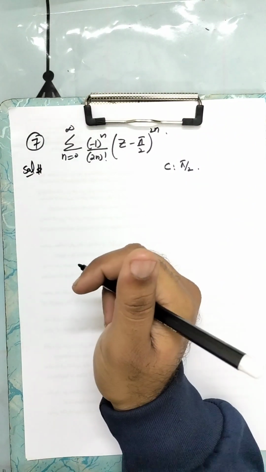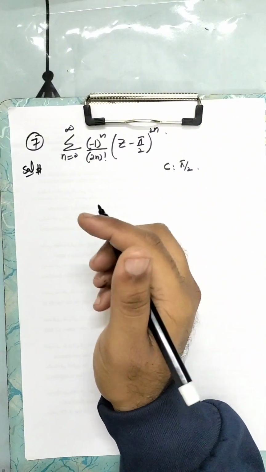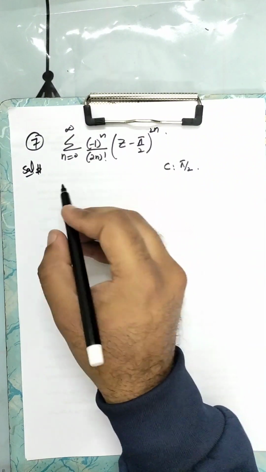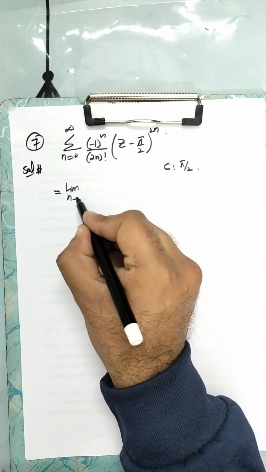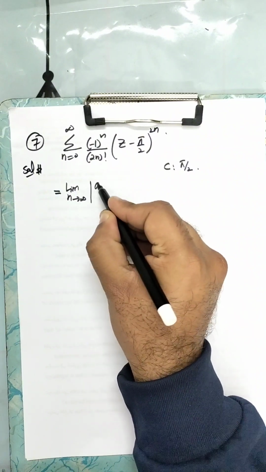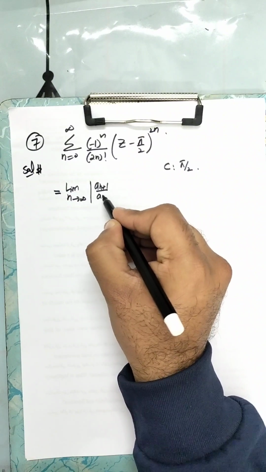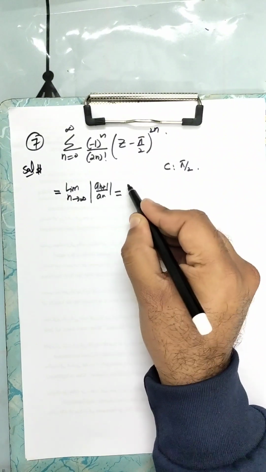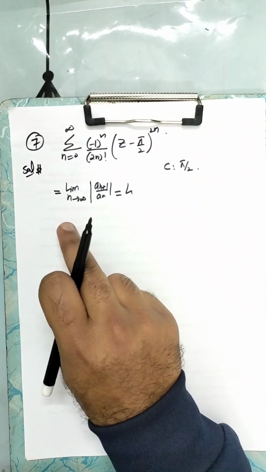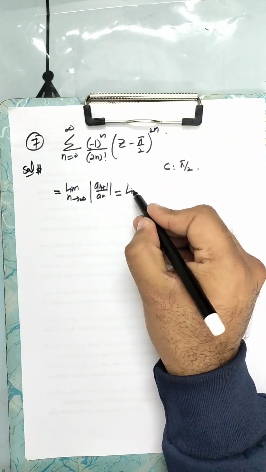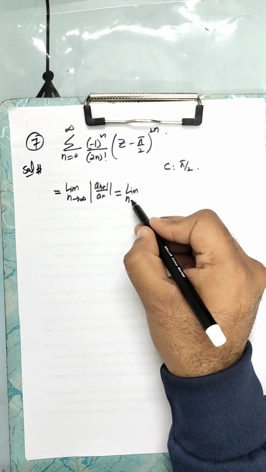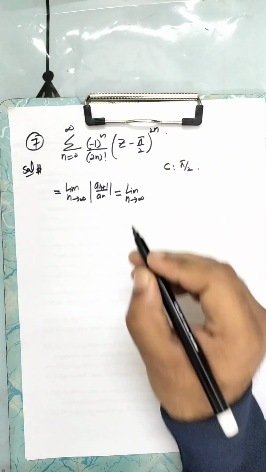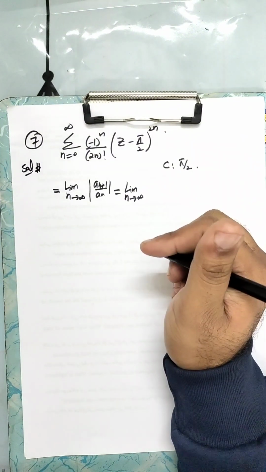Now we find the radius of convergence, and we again use the Cauchy ratio test. This is the limit as n approaches infinity of a_(n+1) over a_n. I write it in one line, which is not good, but I just want to solve the question on one page.